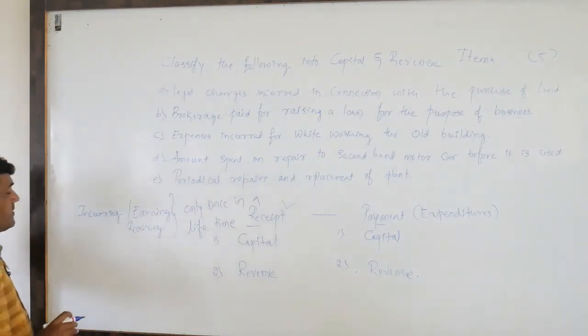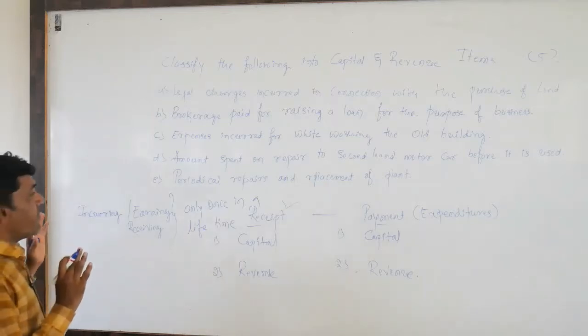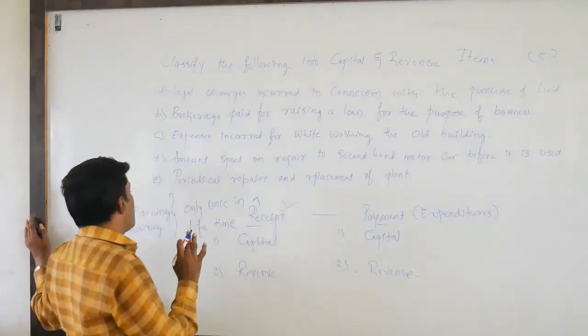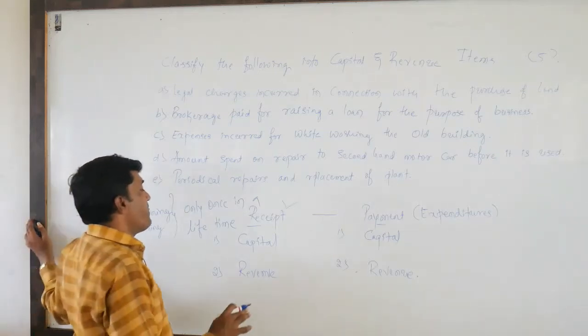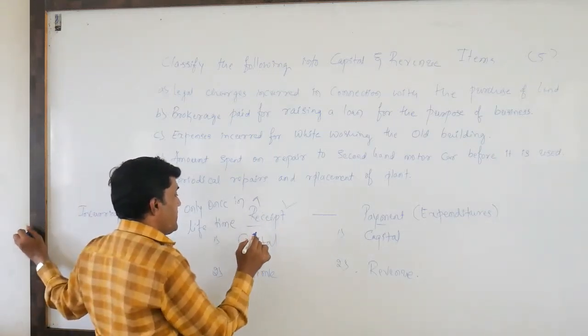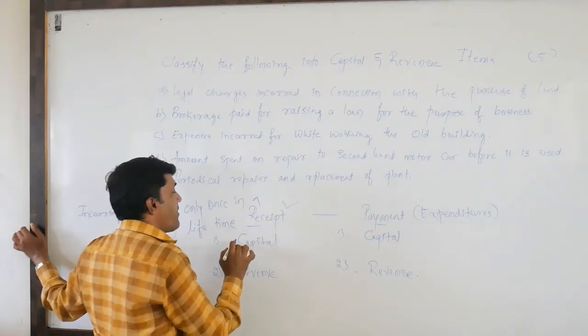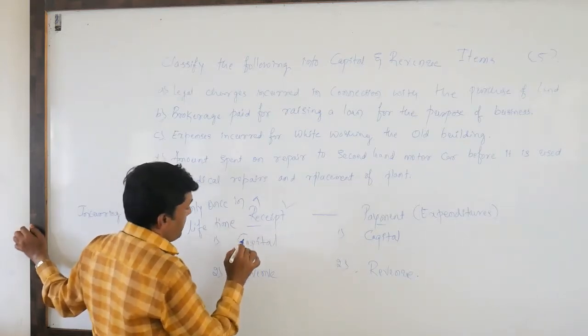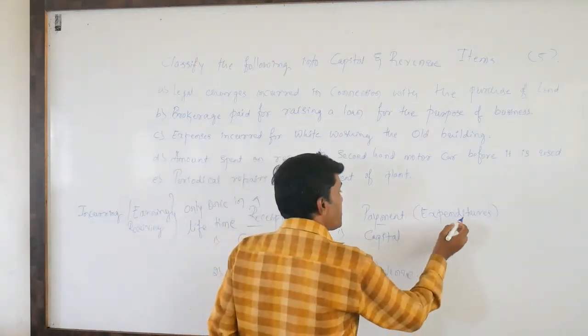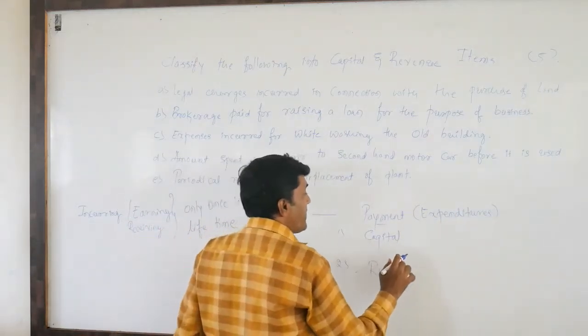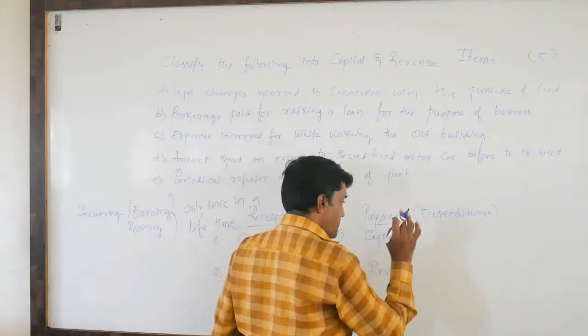So as I said, only one time throughout the whole life, that is to be treated as capital. If it is a receipt, that is a capital receipt, we can receive only once. If it is an expenditure, that is capital expenditure, we have incurred it only once.